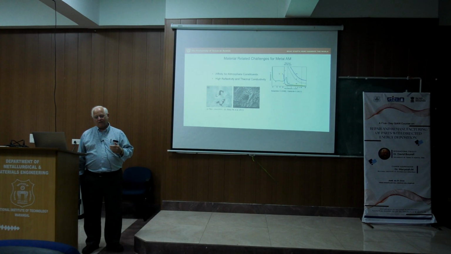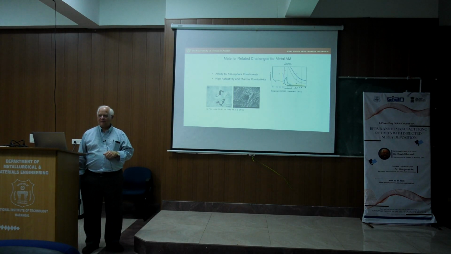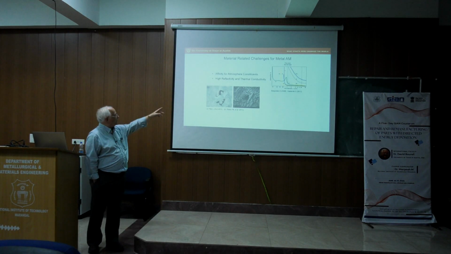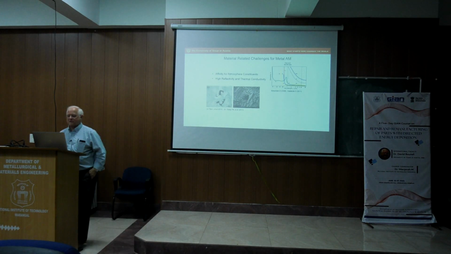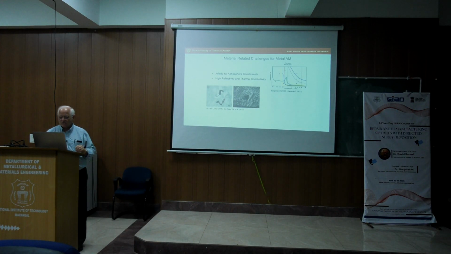So the energy beam comes down. We talked about this earlier. The energy beam will tend to bounce off the surface of the metal. This shows the absorption coefficients, although there's not a y-axis to see what those are.